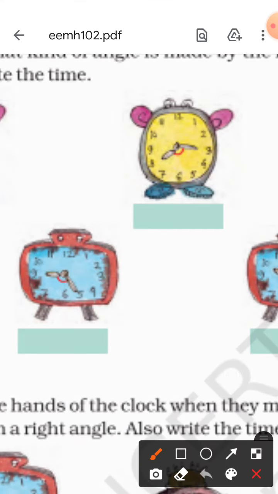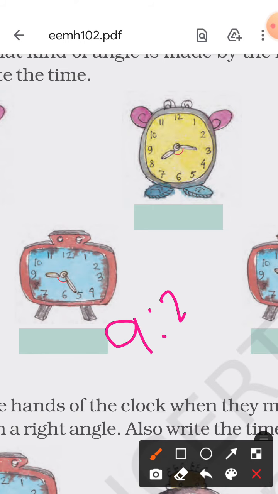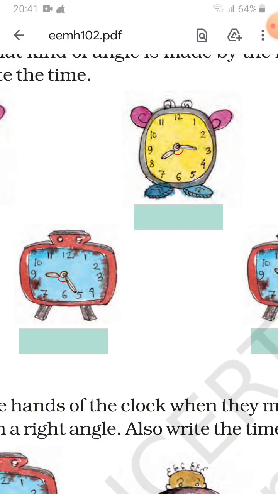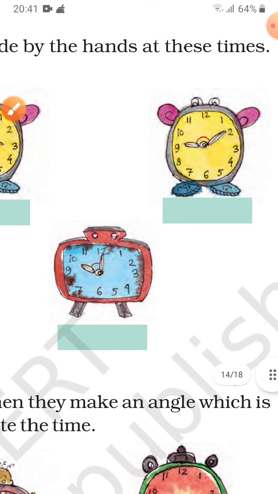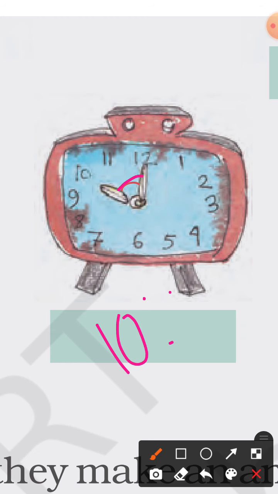In the next figure, the time is 9:25, and the angle is larger than the right angle, so it is an obtuse angle. And in the next figure, the hour hand is at 10 and the minute hand is at 12, so the time is 10 hours.